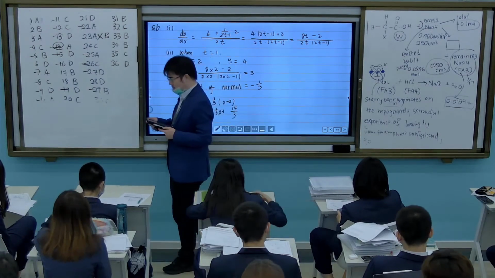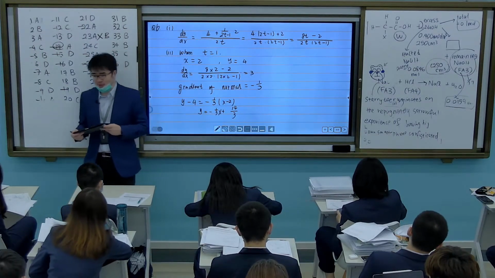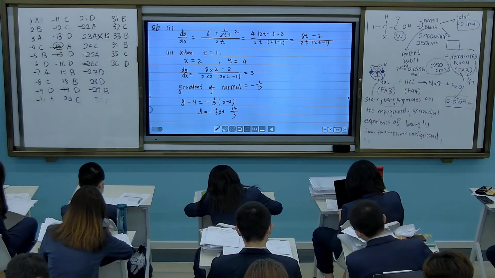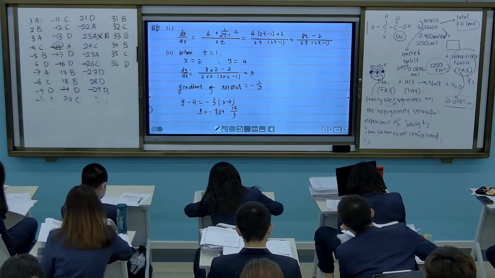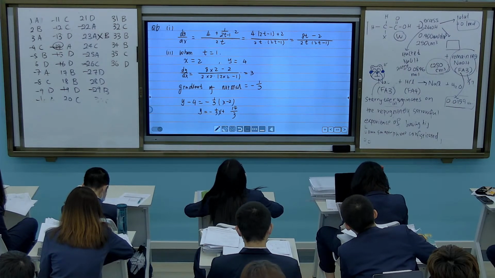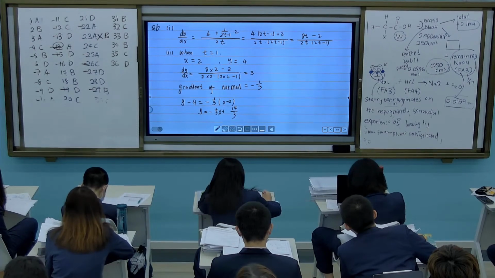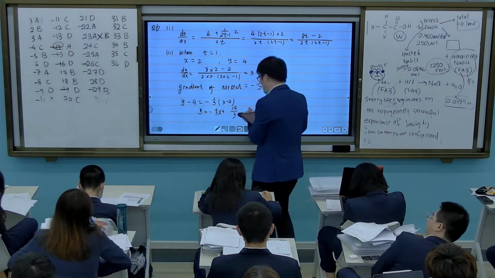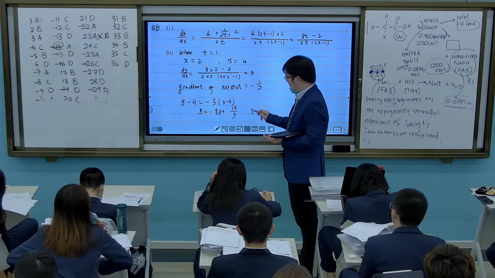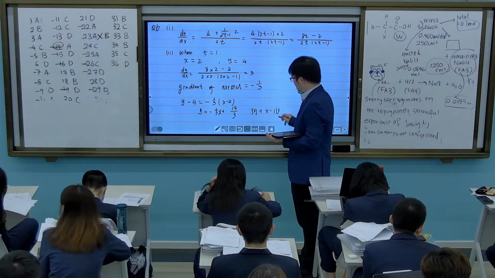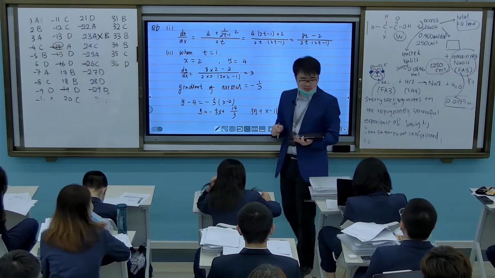Any point also clear? Yes. You can continue with the rearrangement. So the final form is 3y plus x minus 14 equals 0. Okay?